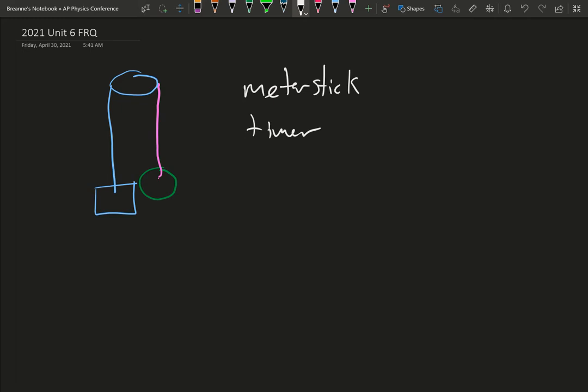And just a reminder what simple harmonic motion is, we did this in our energy unit. And so for part A, you're basically putting it into a pendulum. So it goes from here, and then it swings to here, and then it continues swinging to here.